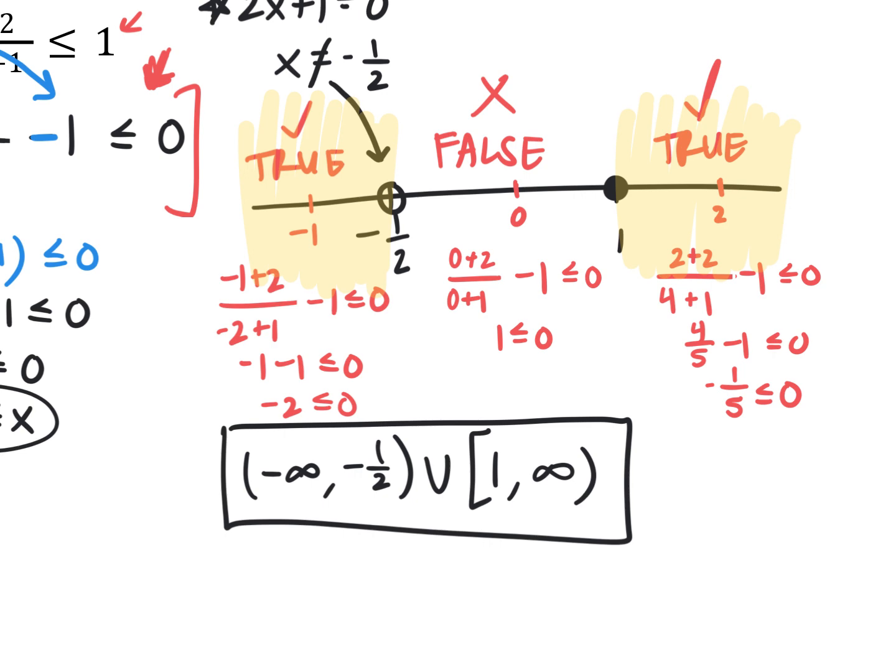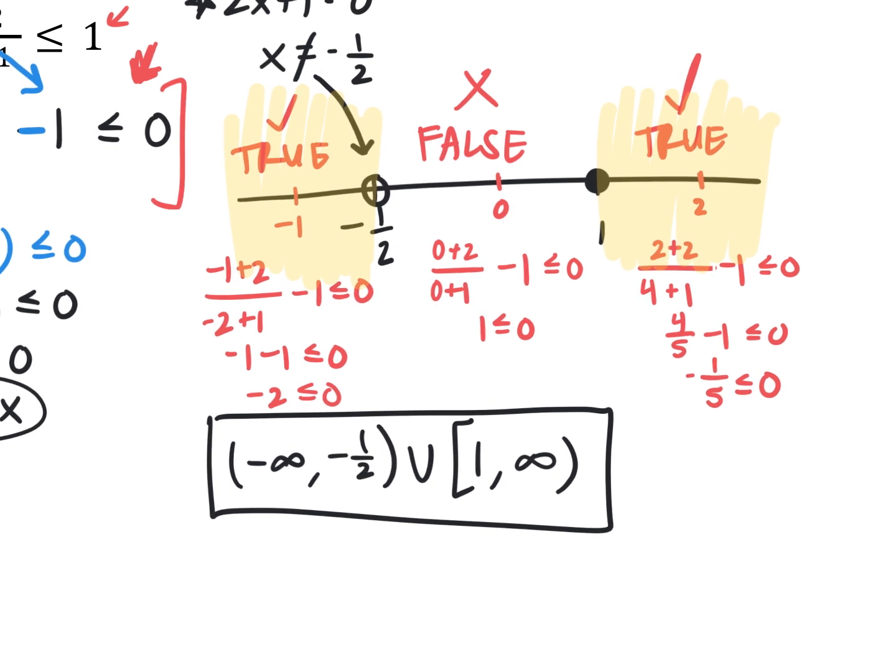Okay, a little note that I want you guys to put on here as well, because remember this negative 1/2 and this 1 I got from whether or not there were holes or vertical asymptotes, that kind of stuff. So I want you to write yourselves a little note that you have to find the zeros for the numerator and the denominator.